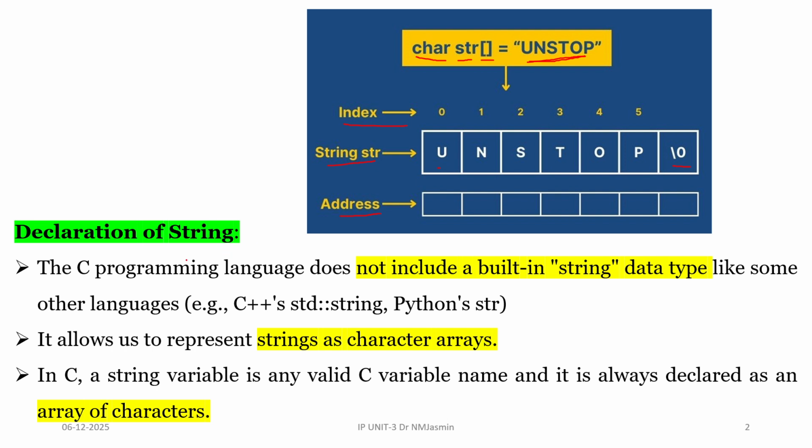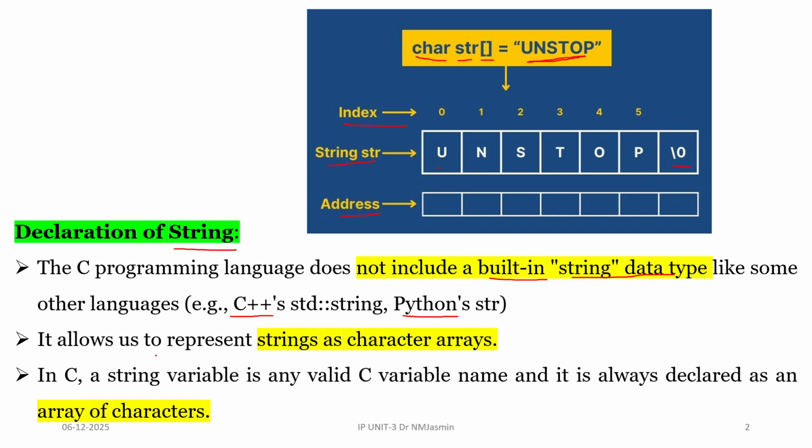Coming to the declaration of a string, C programming does not include a built-in string data type, as we have seen in C++ and also Python, which have an inbuilt string data type. But in C, we don't have an inbuilt string data type.